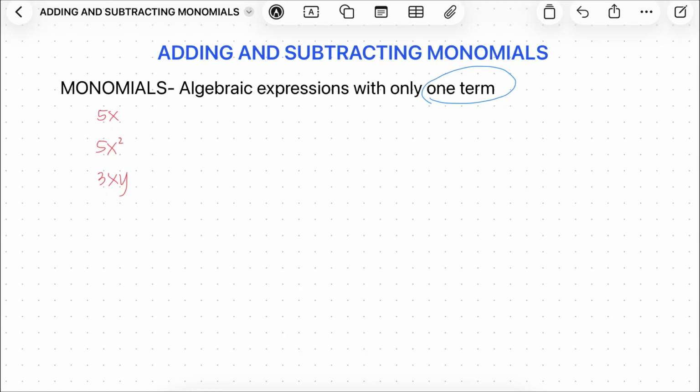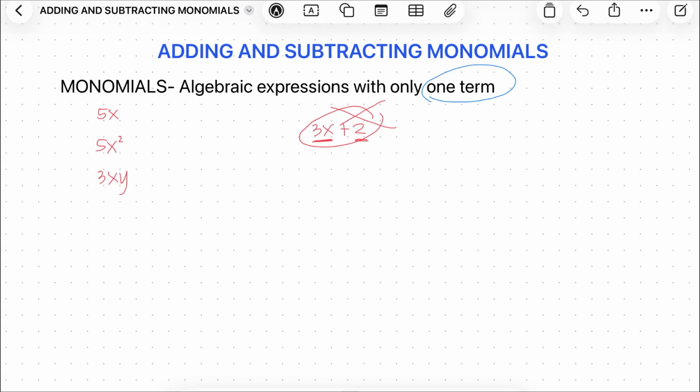So, how do we identify monomials? For example, we have here 3x plus 2. This is no longer a monomial because it's composed of two terms separated by addition. Monomials have no addition or subtraction involved, because if there is subtraction or addition, then there is more than one term.